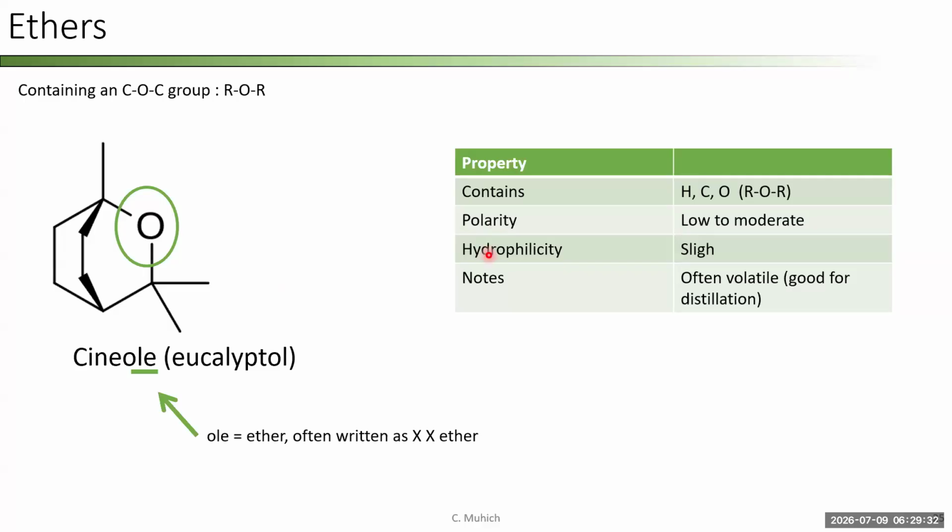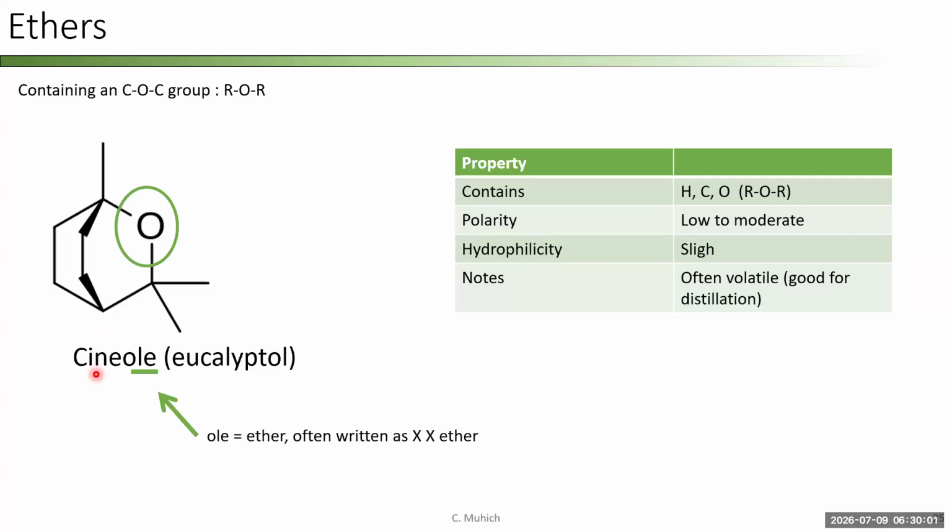They really want to be in those organic solvents, and they're generally highly volatile. Note that there's no possibility of forming hydrogen bonds. It must rely on either dipolar bonds, which arise out of this oxygen being slightly negatively charged, or this backbone's London dispersion forces.